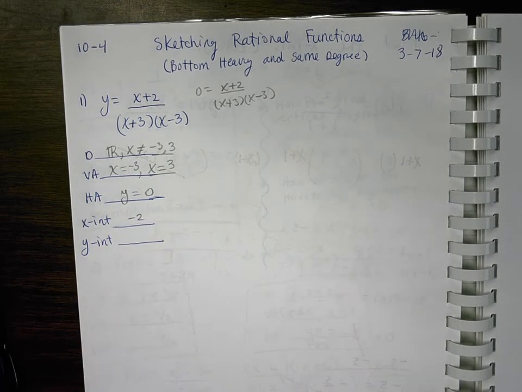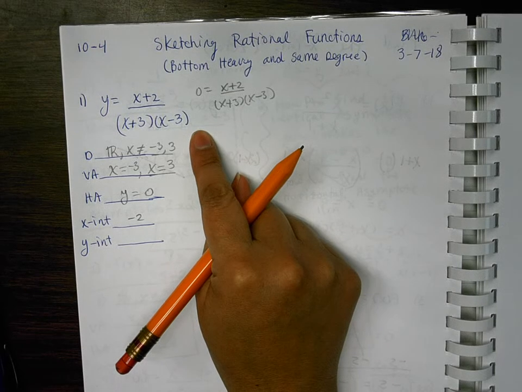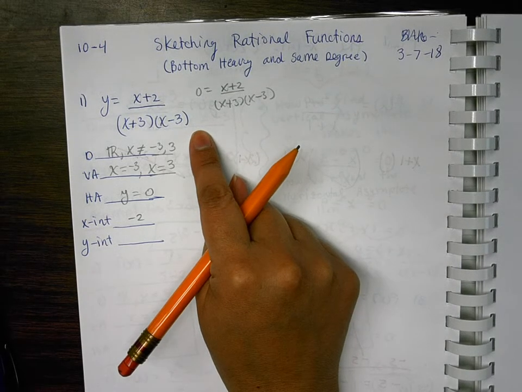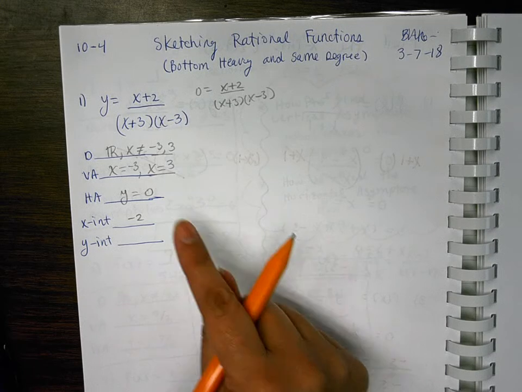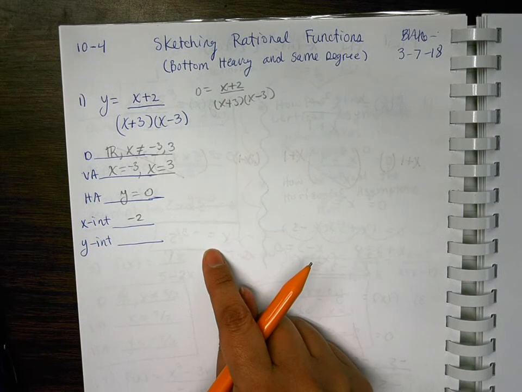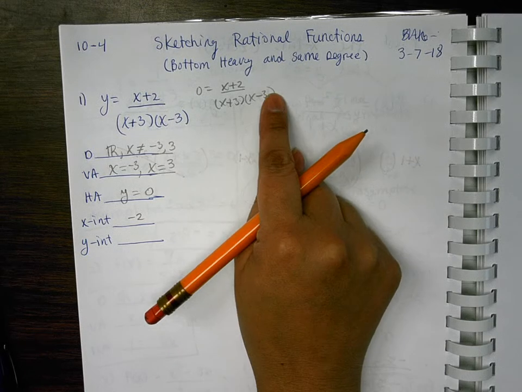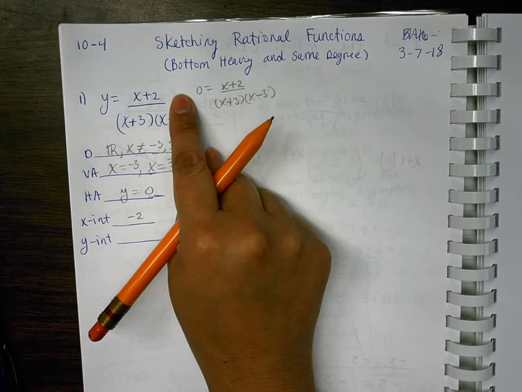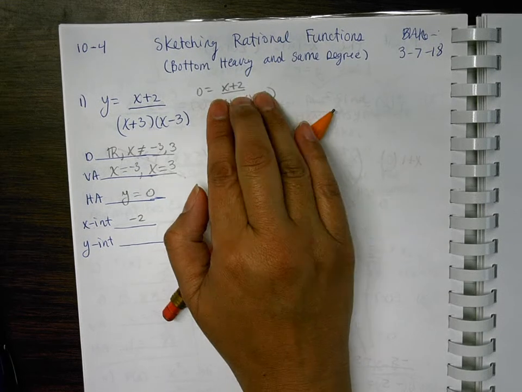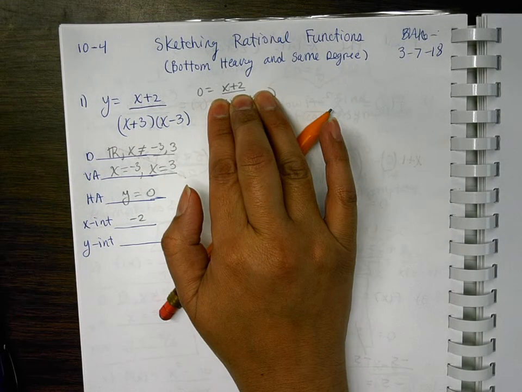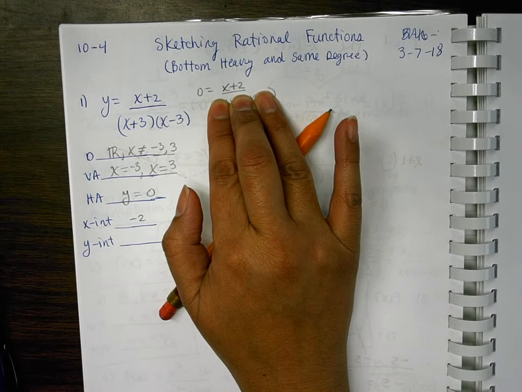Did anybody get that? Like, just look at it and know it's -2 without doing any work? I see about 2 or 3 or 4. What did you do? Good job. The bottom's always going to cancel out and get 0 on the other side, so you're just left with 0 equals x plus 2, -2. Good job and good job. And there were a few other of you that did it as well.